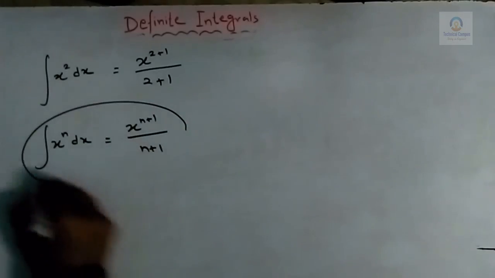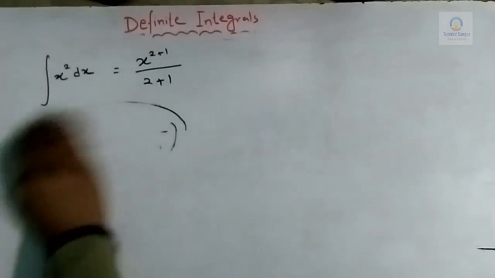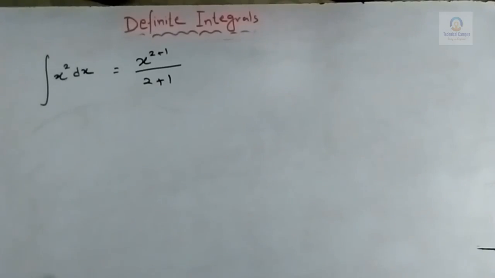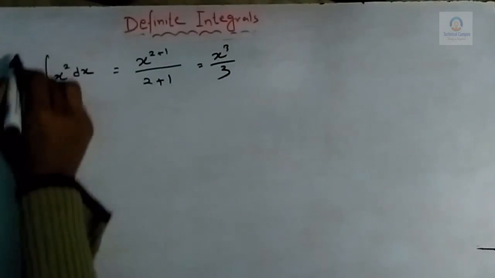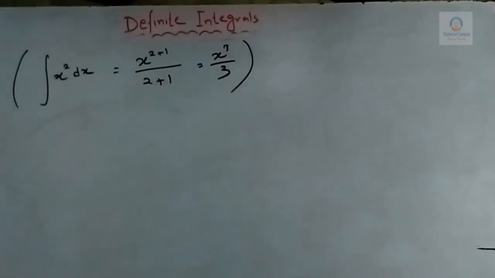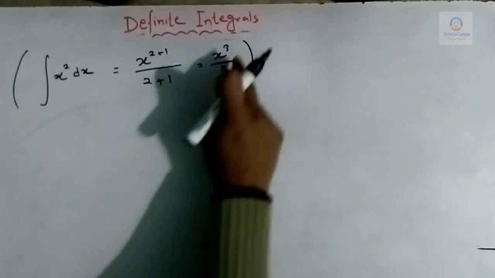So if we apply this formula, it will be x to the power 2 plus 1 divided by 2 plus 1. So the result will be x cubed by 3. This is the case of indefinite integrals. Here the range of integration is not defined, so we are getting the result in terms of x.